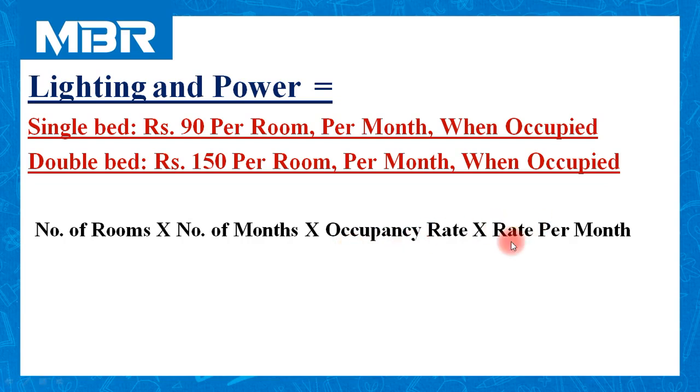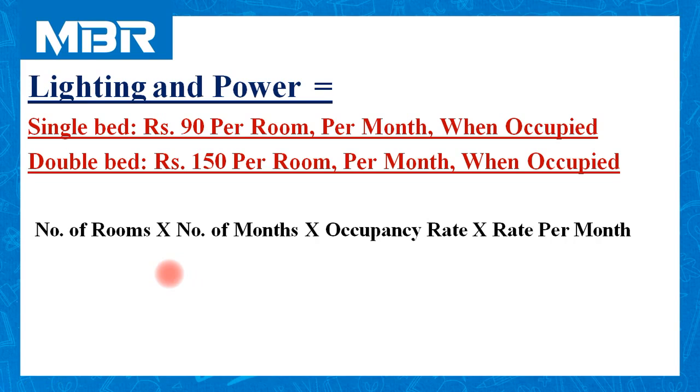And at last, rate per month, it is given over here as rupees 90 and rupees 150 for single bed room and double bed room. So this formula is derived from the simple logic.